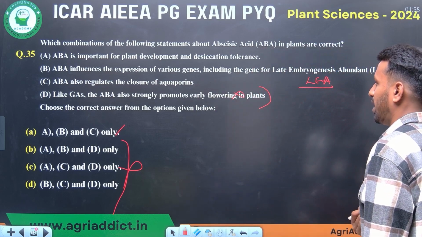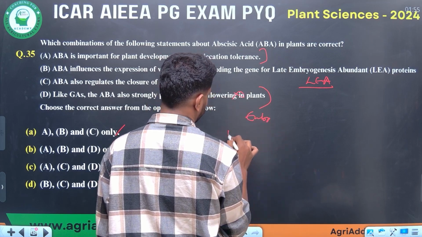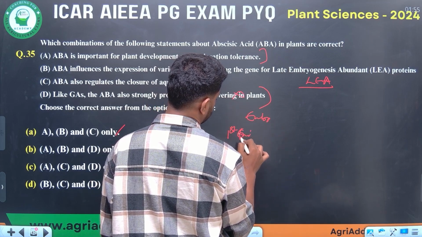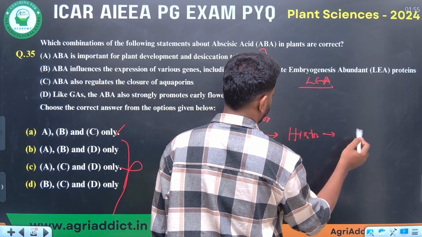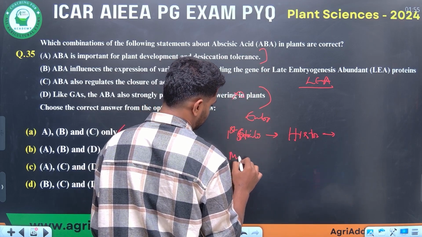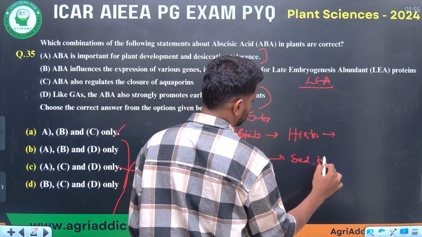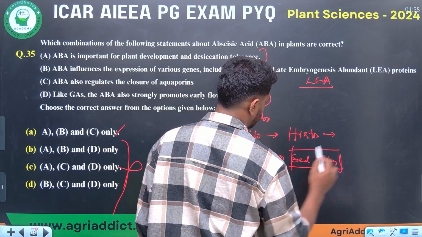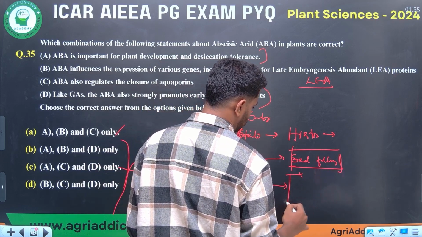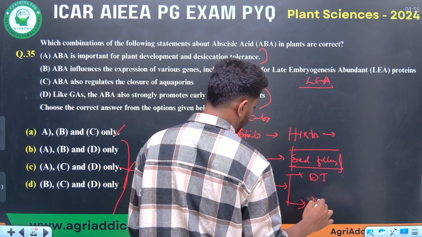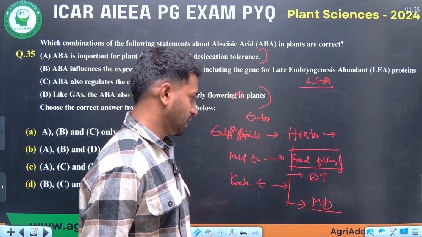So ABA is important for the plant development and desiccation tolerance. If you remember the different phases of embryogenesis, it starts with the first stage, which is histodifferentiation, where the body plan is prepared, and mid stage, mid embryogenesis, where the seed filling starts with the storage reserves, and in the late embryogenesis, if you remember, there are two different types of process which occur, which are called desiccation tolerance and maturation drying, where there will be a drastic loss of water or the moisture content.